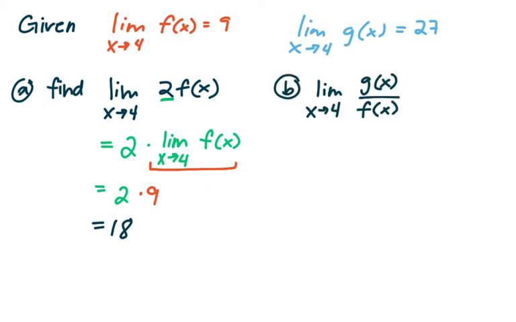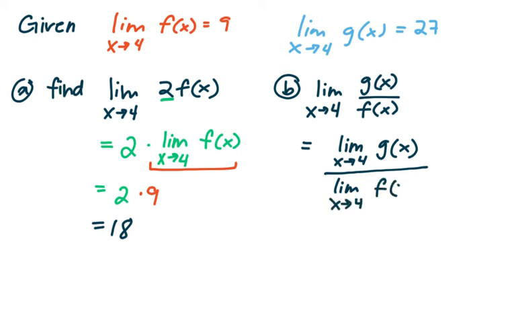For our second example, we're given the limit as x approaches 4 of g of x divided by f of x. Now, this can be separated. The limit of a quotient is the quotient of the limits into two limits. So this is the same as writing the limit as x approaches 4 of g of x, which is the function in the numerator, all divided by the limit as x approaches 4 of f of x, the function in the denominator.